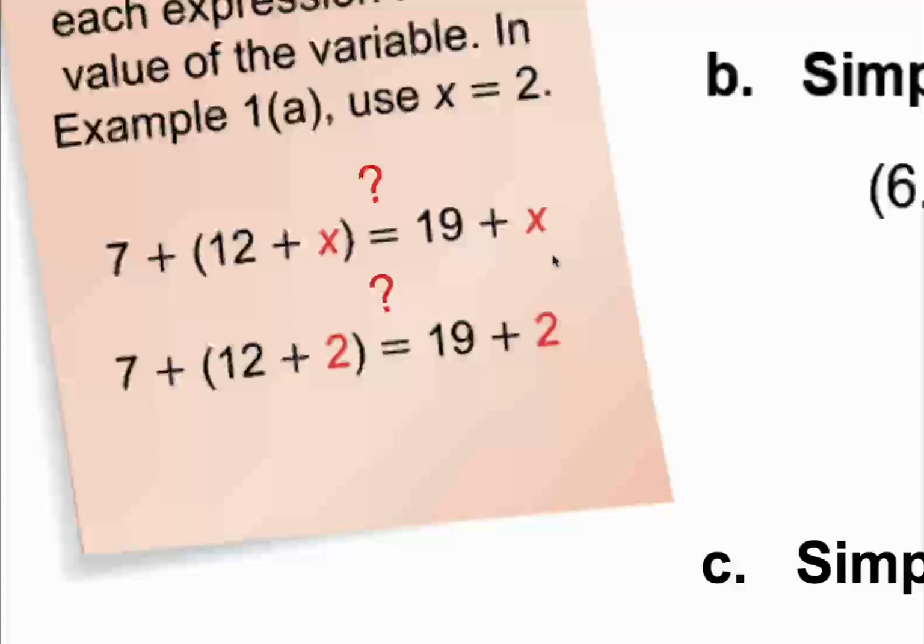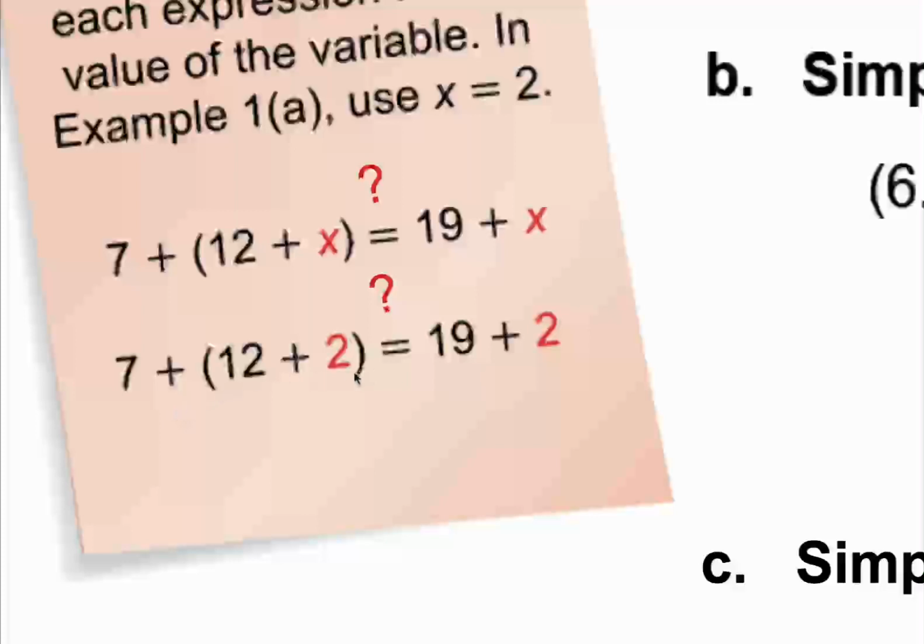That's what we are checking. So to check it, we will use any number for x. Let's say that we use x equals 2. So substitute 2 for x. And let's now find the value.